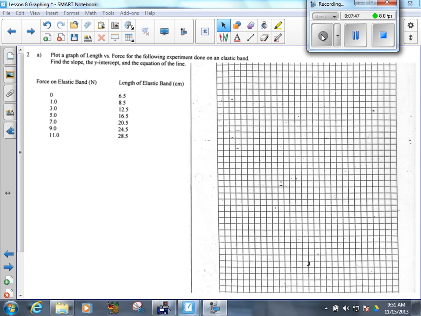Now, other things to remember. How do you decide what your scale is? The highest number you have to fit on that axis divided by the number of squares available on that axis. That will tell you what number. If it's a decimal, what do you do with it? Round up.